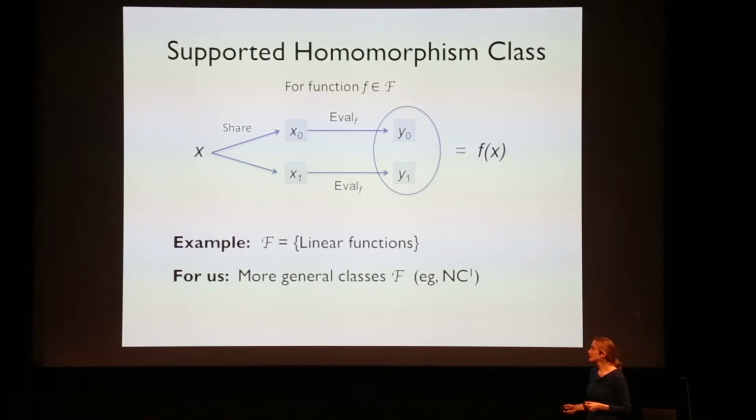In that case, even the original additive secret sharing scheme you saw in the original slide already gives you some form of homomorphism. For today, though, when I'm talking about homomorphic secret sharing, I'm going to be talking about more general types of homomorphism classes, things that don't have such a nice, automatically homomorphic structure. Think, for example, about supporting any function that's represented as an NC1 circuit.